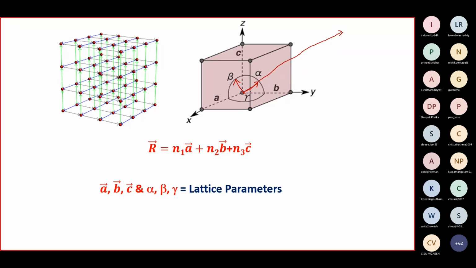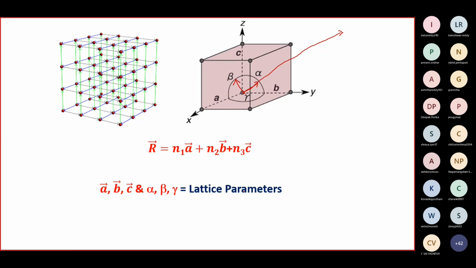Here the angle is 90 degrees, but it need not always be. Give me A, B, C and the angles between them, and I can very easily construct the lattice, a geometrical distribution of points. All these six together are called lattice parameters.